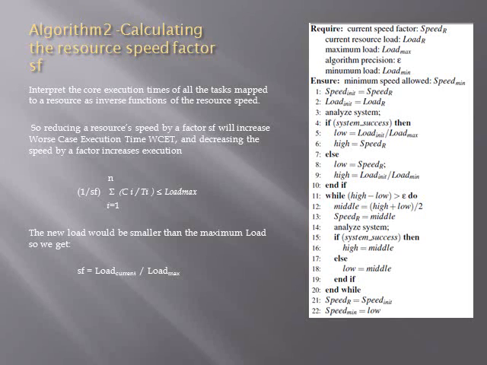So the current load, if it is modified by the factor, would be less than or equal to the maximum load. And so the speed factor we can determine is the ratio between the current load and the maximum load of the system.